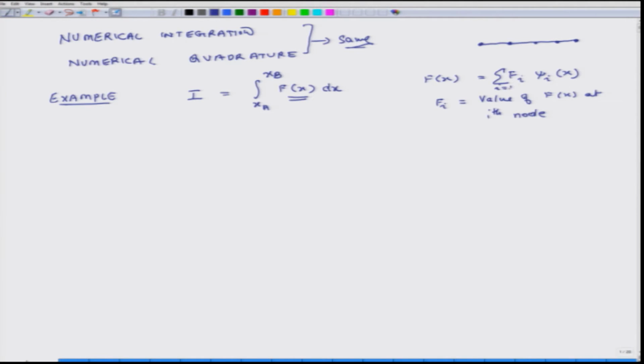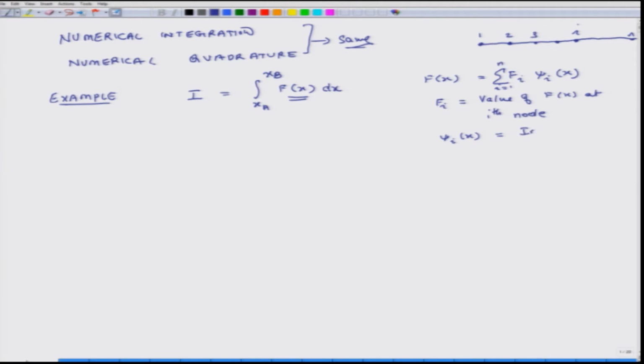So, I am doing I equals 1 to, let us say n. So this is node 1, node 2, node 3, and if this is a very long element, then maybe this is node I, and this is node n. So, the value of f x at ith node is f I, and psi I of x is what?